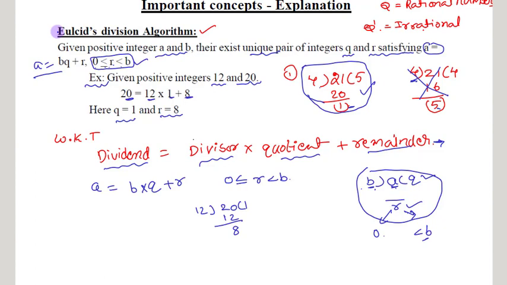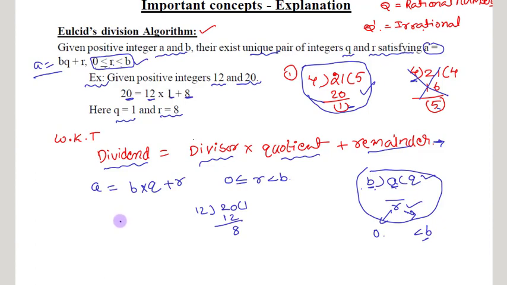There is one important application of this Euclid division algorithm. This division algorithm can be applied to find the HCF of two given numbers.